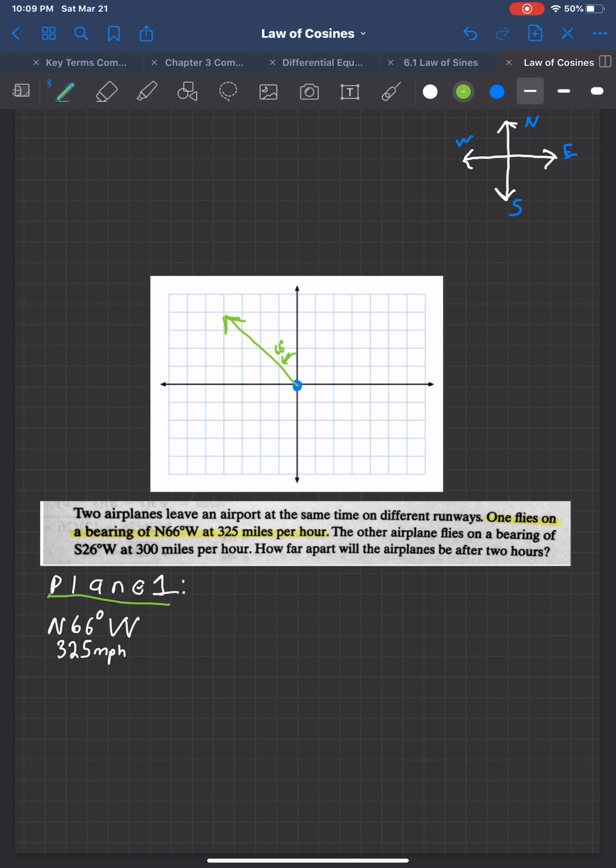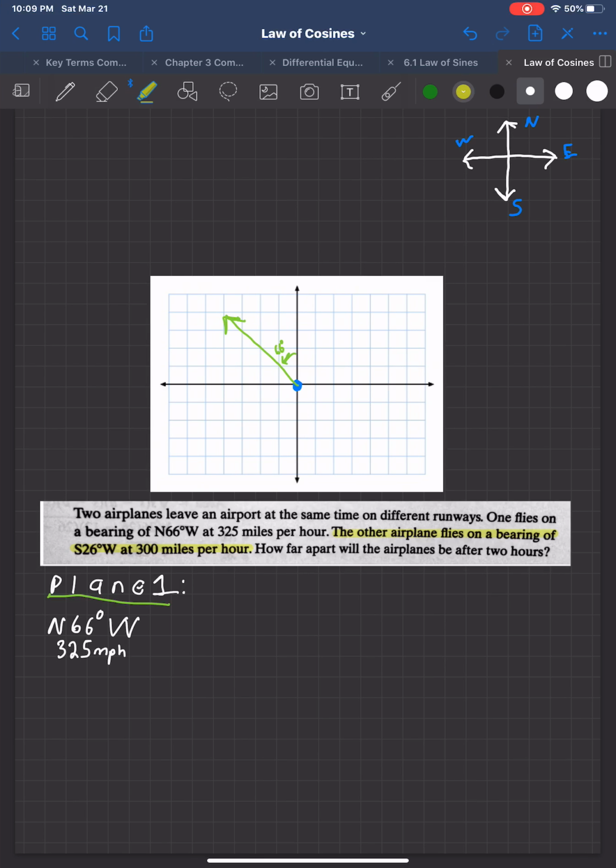Now I'm going to talk about that 325 miles per hour in just a second, but right now let me go ahead and figure out what we know about the second plane. So the other airplane flies on a bearing of south 26 degrees west at a rate of 300 miles per hour.